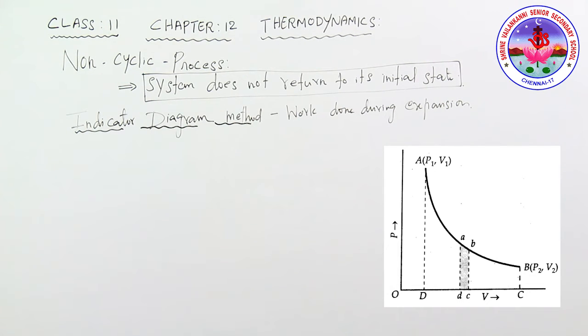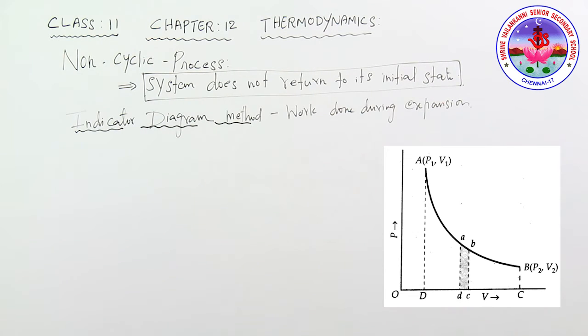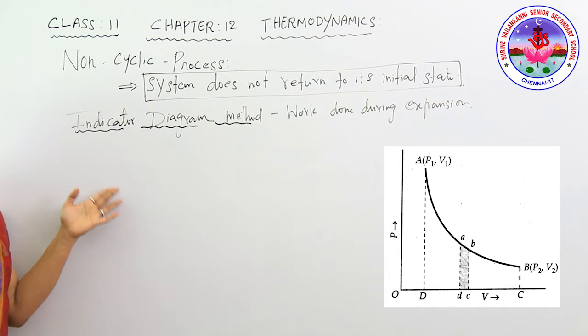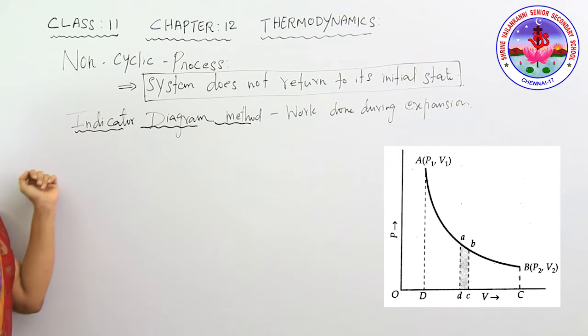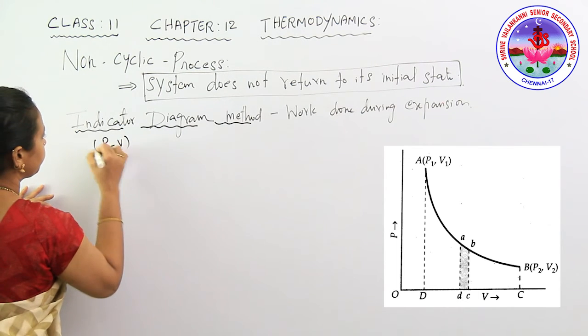Now, we'll show through the indicator diagram of work done during the expansion. See the graph students. You may observe the points A and B, which represent the initial state of P1 and V1, that is the pressure 1 and the volume 1, right? So the final state we have given as P2 V2. Observe the graph children, the nature of the graph which is going down. We can consider this as a PV diagram, right?